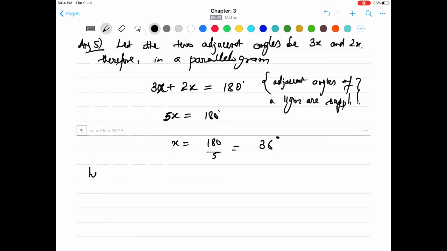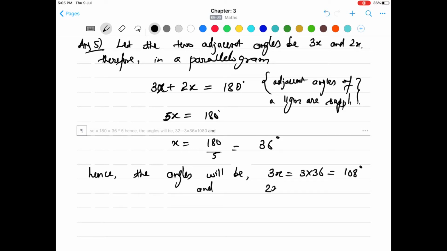Hence the angles will be: the first one is 3x, that is 3 into 36 equals 108, and the second one is 2x, which will be 2 into 36 degrees, that will be equal to 72 degrees.